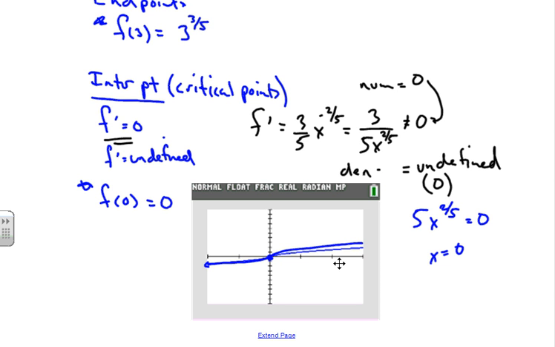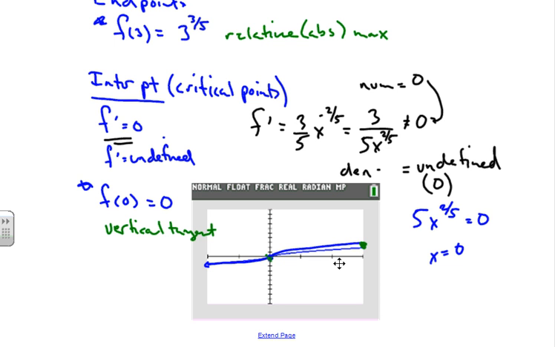What we did notice is that our other endpoint appears to be the highest, so this would be a relative and actually an absolute max as well in this problem. But our critical point, which is at 0, 0, is not one of our relative mins or maxes because it is just a value that appears to be a vertical tangent line on that graph.